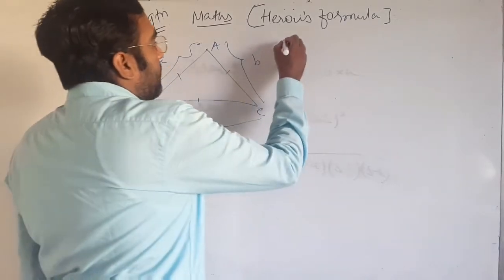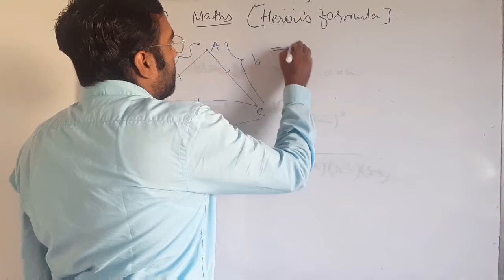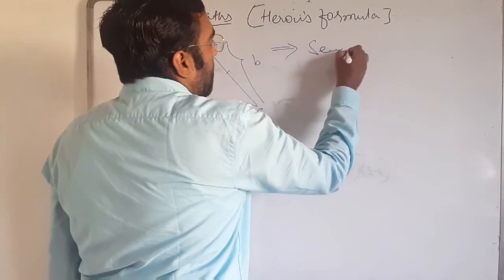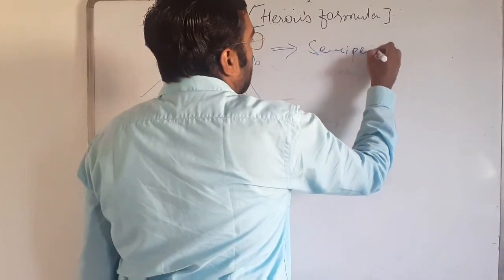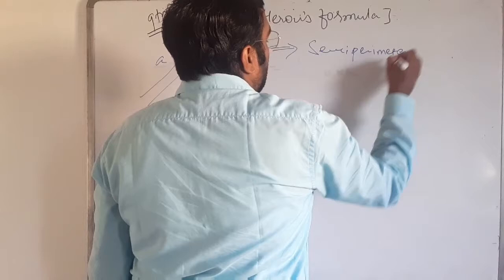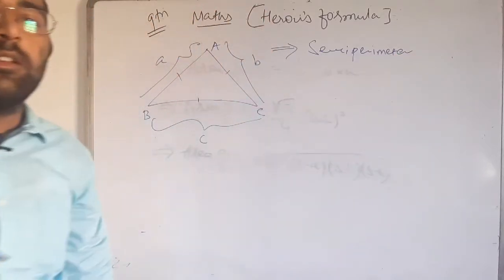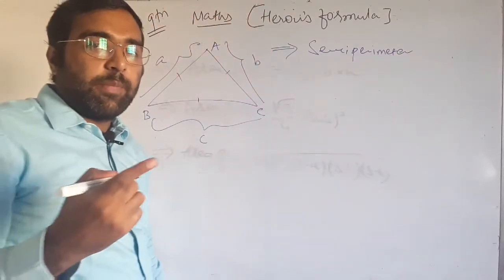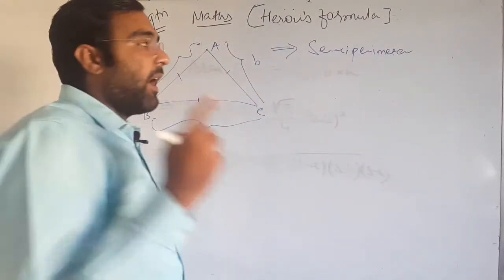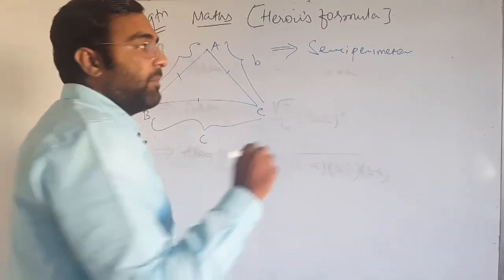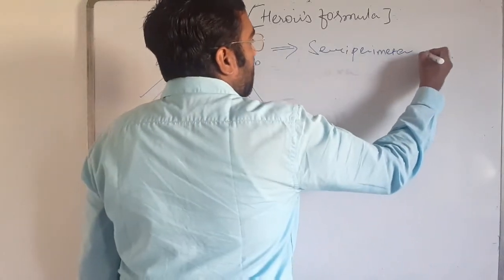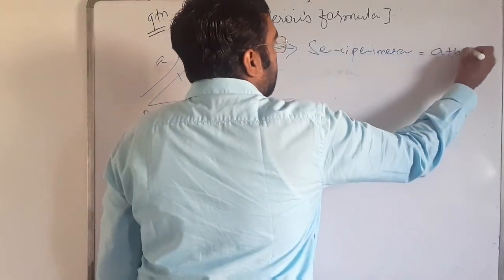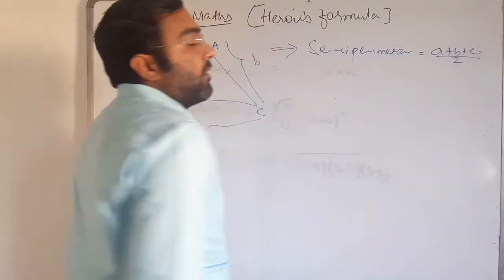So for that, first of all we have to find the semi perimeter. Semi perimeter means half the perimeter. So for that we write (a plus b plus c) divided by 2.